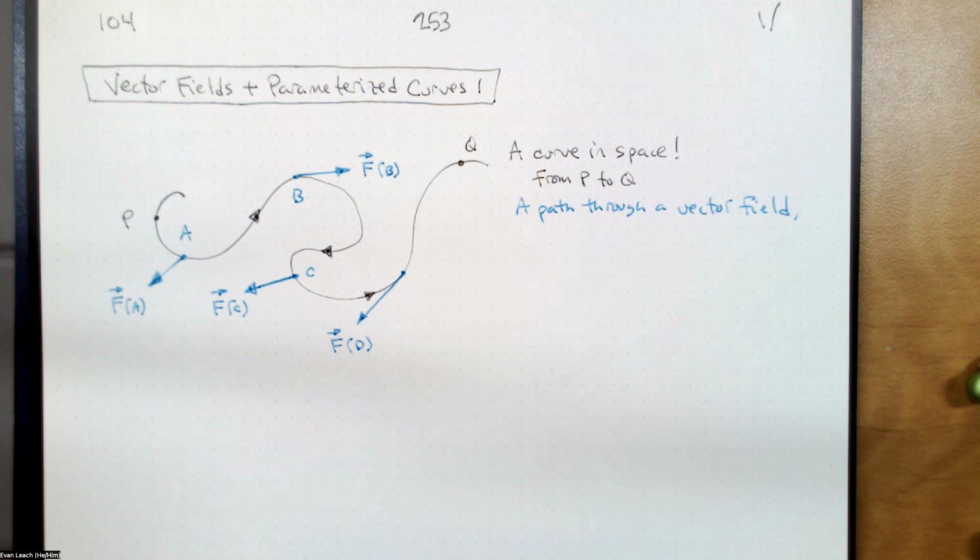At every point on the curve, there is a vector from the vector field. I've only drawn 4 of the vectors from the vector field.